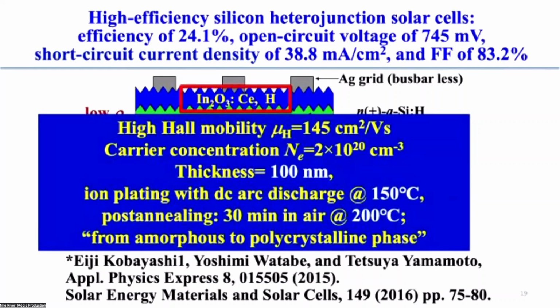And concerning the cerium-doped hydrogenated indium oxide, we find a high hole mobility of 155 centimeters squared per volt second at a carrier concentration of 2 times 10 to the 20 power per cubic centimeter. And the critical technology is a solid state crystallization from amorphous obtained at room temperature to polycrystalline phase after the post annealing, okay.